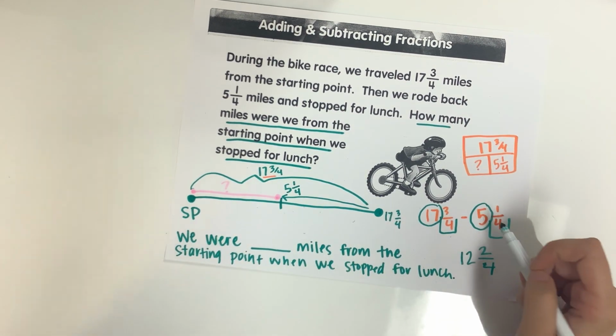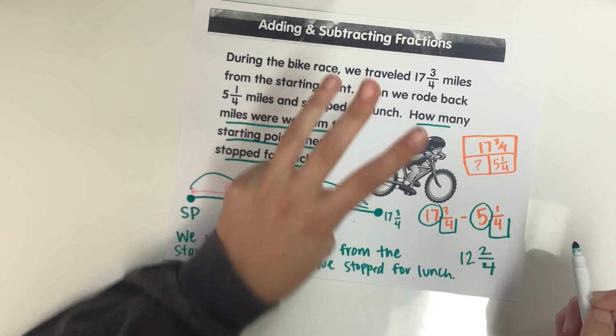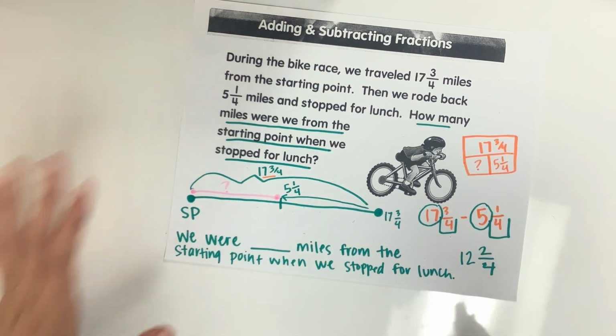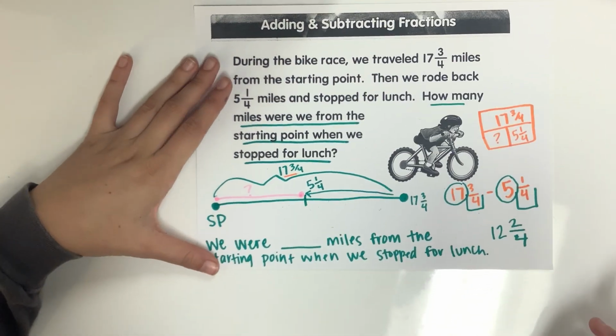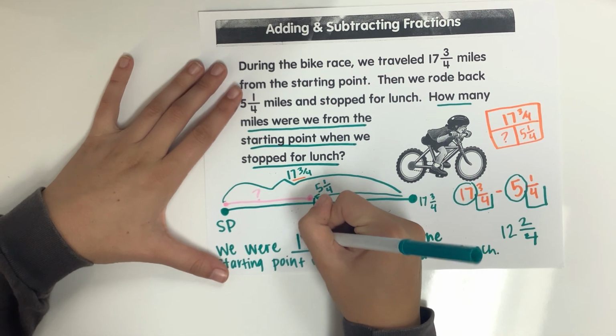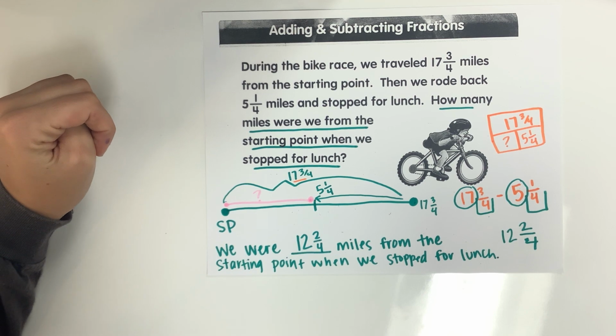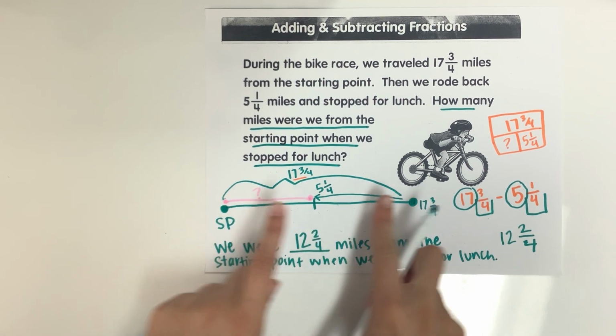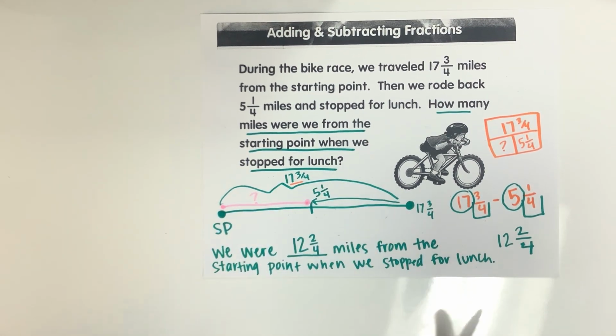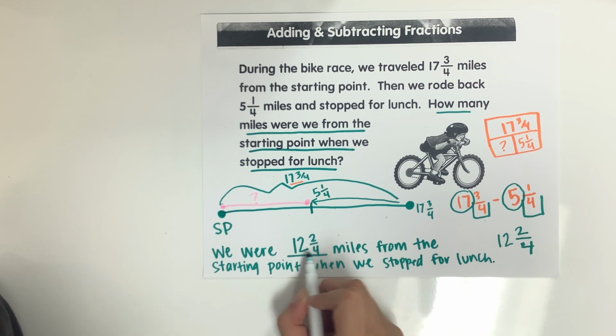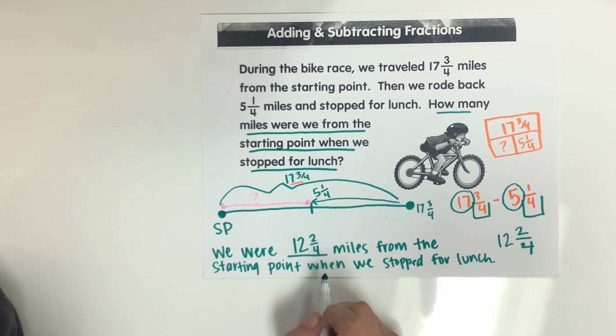Let me check: 12 plus 5, hold 12 in my head, 13, 14, 15, 16, 17. Okay, just checking my work. So I think there's still 12 2/4 miles from the starting point. This should add with this to make this. I can check my work. I'd love if you checked my work. Also, I could technically say that this is 12 1/2 because I know 2/4 is equal to 1/2.